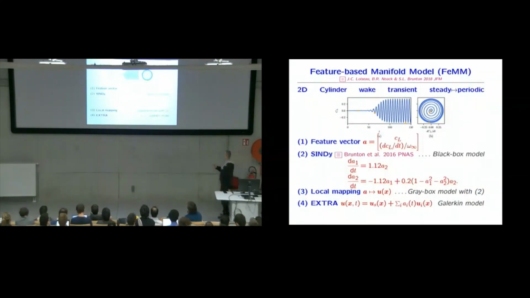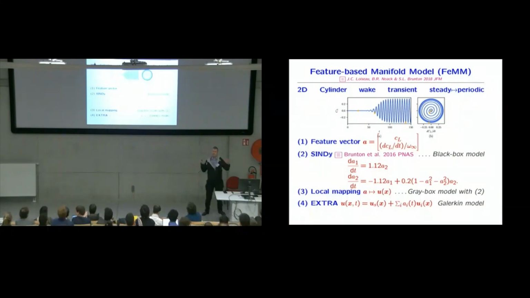And with Steve's SINDy, we arrive at a very simple dynamical system, which Steve has already presented. So essentially, it's something like a van der Pol oscillator, which describes our dynamics here in this plane. So now we have a dynamical system for our feature vector, and we can do the mapping from the features to the velocity field.